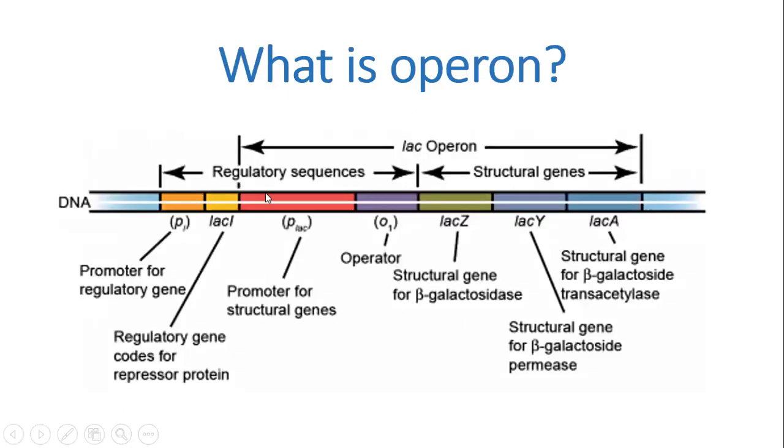What is the structure of the lac operon? The lactose operon consists of three structural genes. That is LacZ, which codes for beta-galactosidase, an enzyme responsible for hydrolysis of lactose to galactose and glucose.